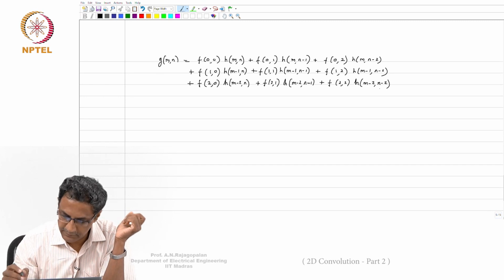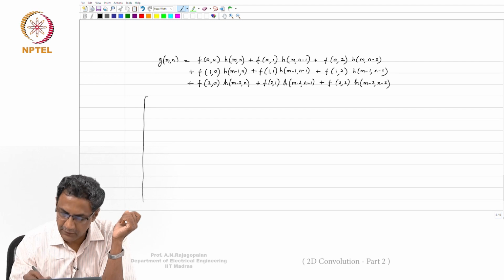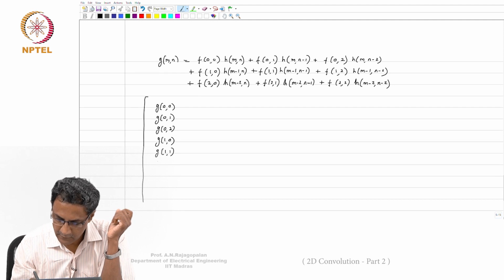In this case, we will write this G lexicographically ordered such that we have G00, G01, G02, G10, G11, G12, G20, G21, G22.